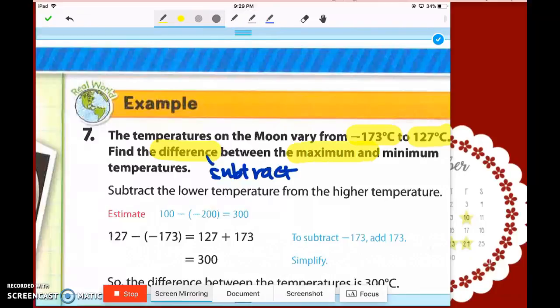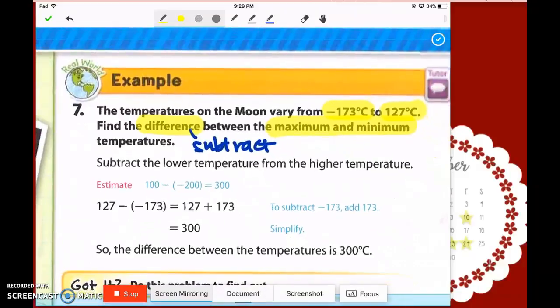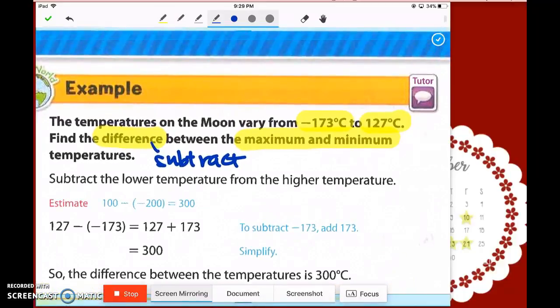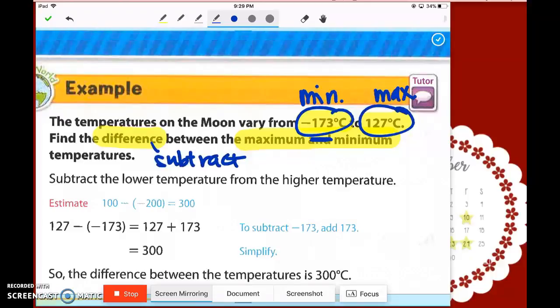Between the maximum and the minimum, right? So we have the maximum and the minimum. And it says subtract the lower temperature from the higher temperature. A lot of this is just words. It's telling you the maximum minus the minimum, right? So here is the maximum, here is the minimum, the highest and the lowest. Max, min, okay.